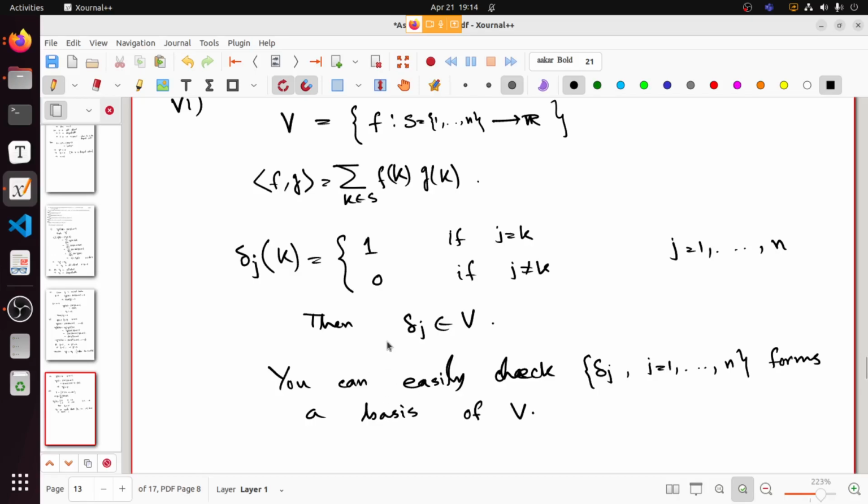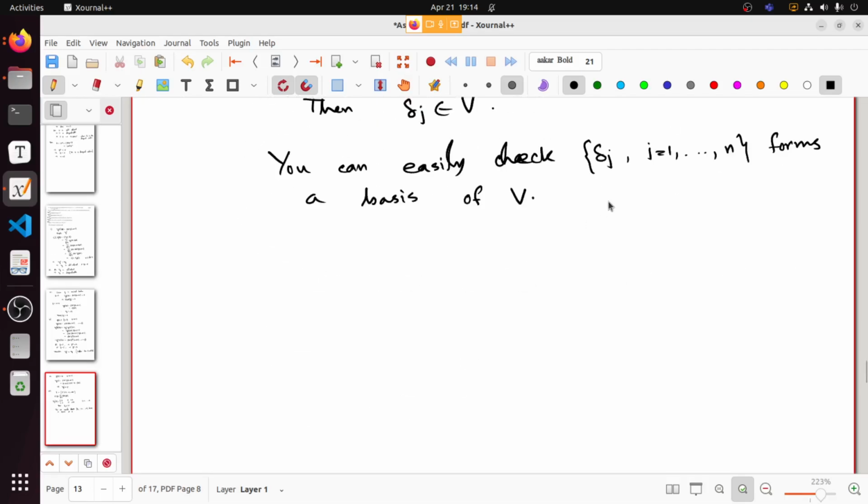Now we want to define a map from R^n to this. On R^n we have the standard basis.